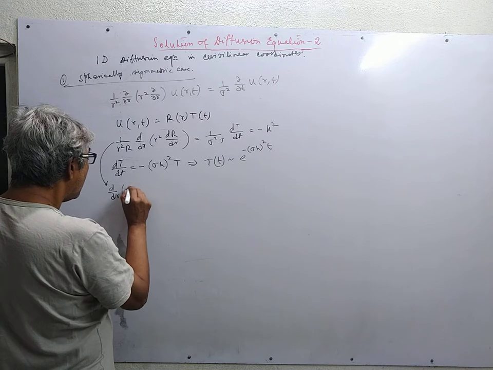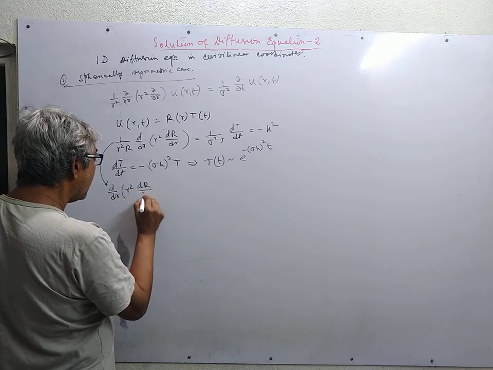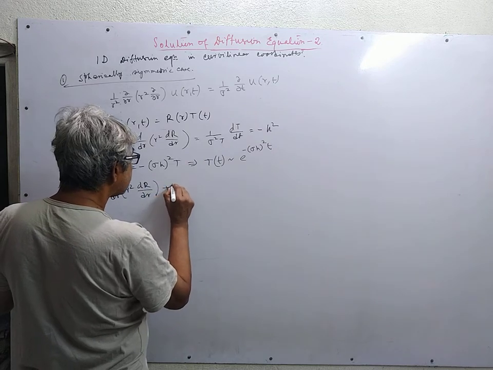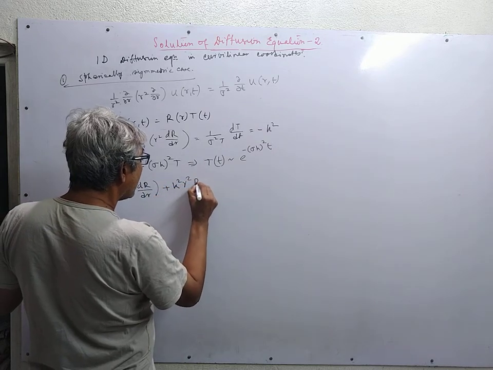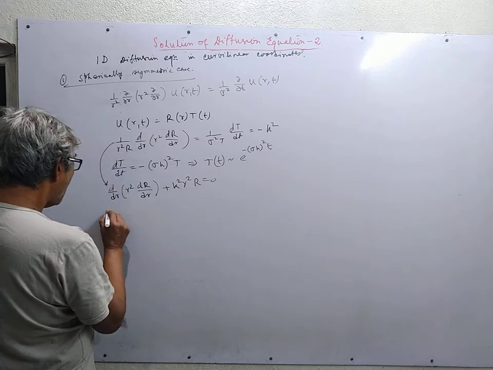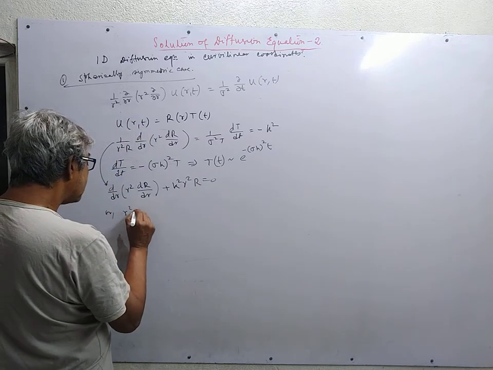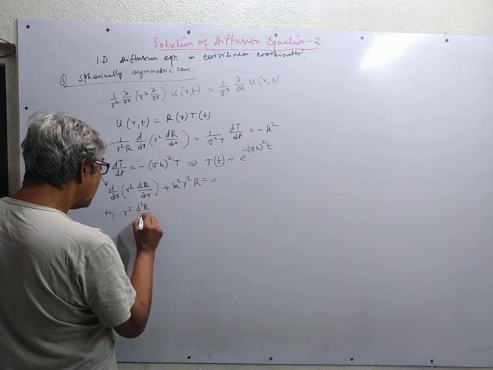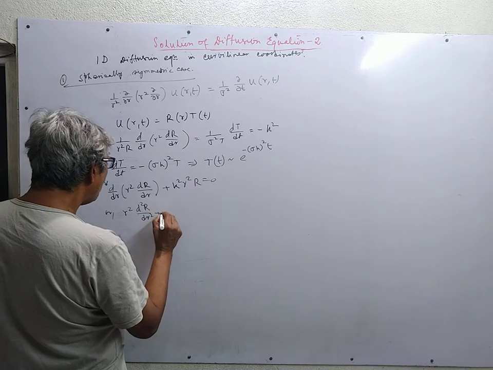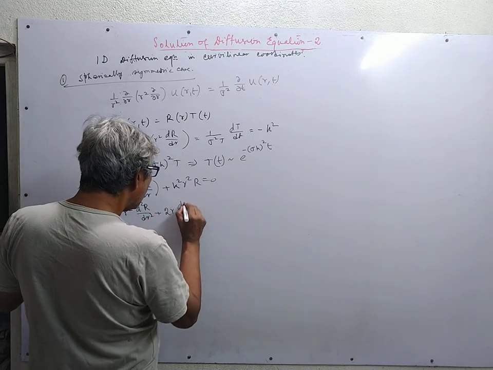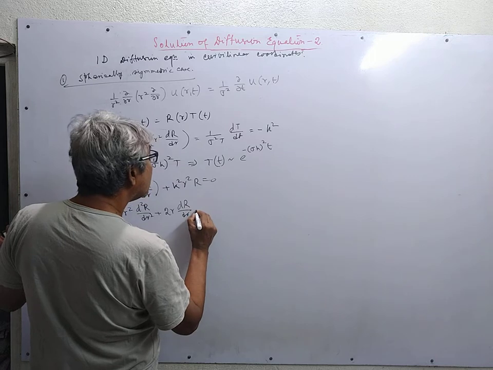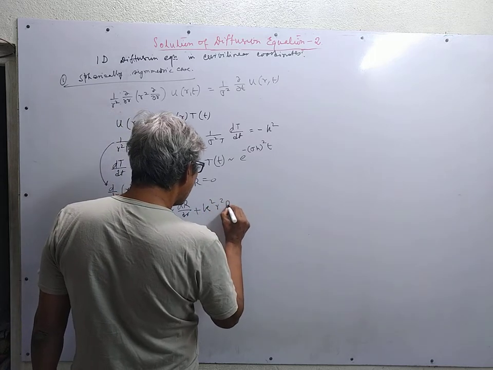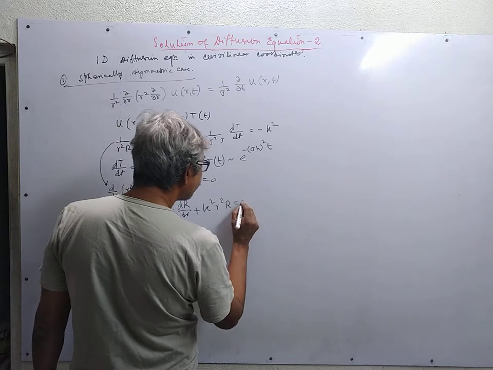The R equation becomes d/dr of (r² dR/dr) plus k square R is equal to 0, or we have r square d2R/dr2 plus 2r dR/dr plus k square R is equal to 0.